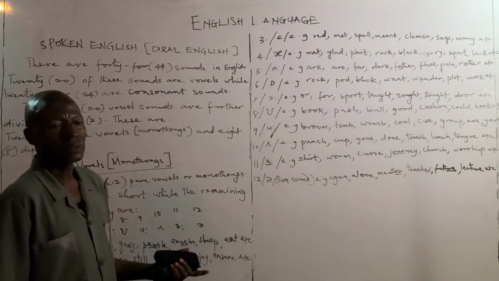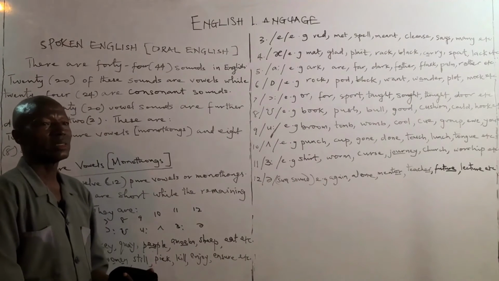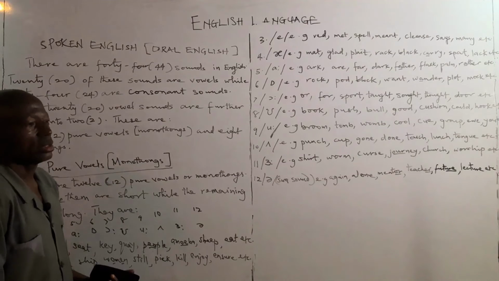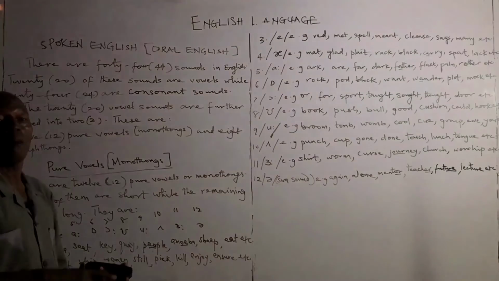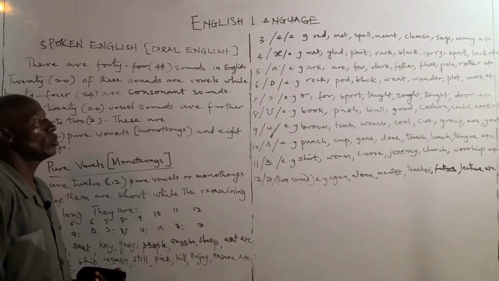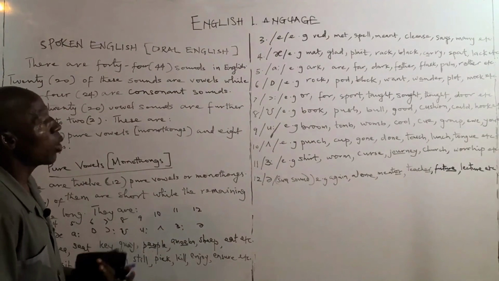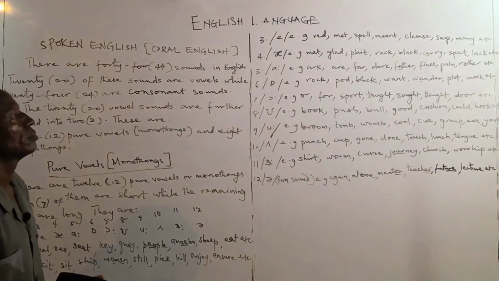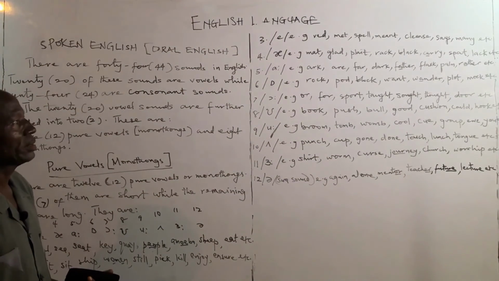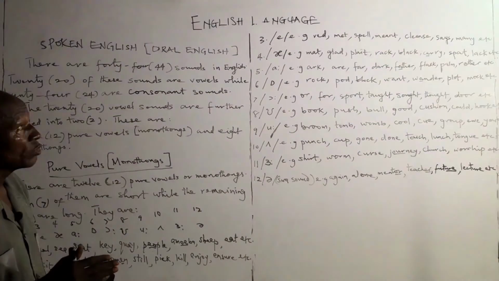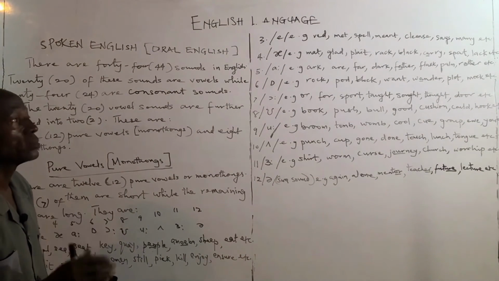Can you give me another one? For instance, you have bring, then you have brought. Buy, then you have bought. And so many other words. Catch, for that catch, you have caught.